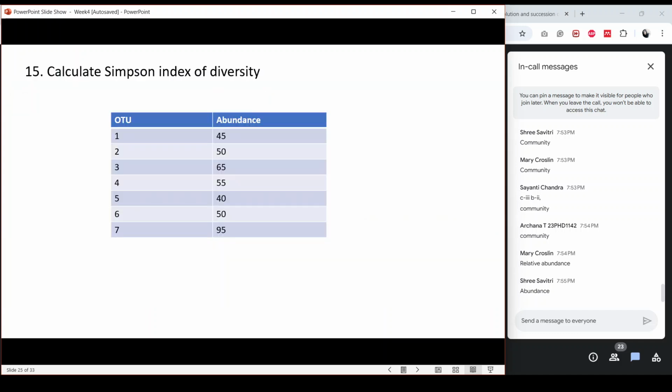Now we need to calculate the Simpson index of diversity. So this is OTU abundance. Please take some time in calculation. We will see the answer in a while.